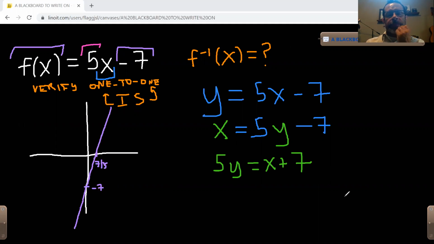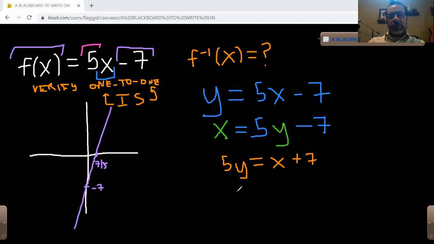Let me do that with the same color I used for the inverse. The only thing I'm doing is solving for y: 5y equals x plus 7.